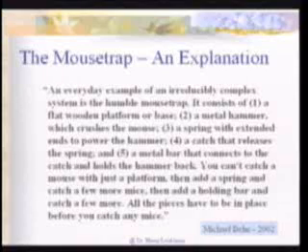The wooden platform as the base, the metal hammer that crushes the mouse, a spring with extended ends to power the hammer, a catch that releases the spring, and a metal bar that connects to the catch and holds the hammer back. As he says, you can't just catch a mouse with a platform and then add a spring and maybe catch a few more mice that way. No, you need all 5 parts in place to catch any mice at all.